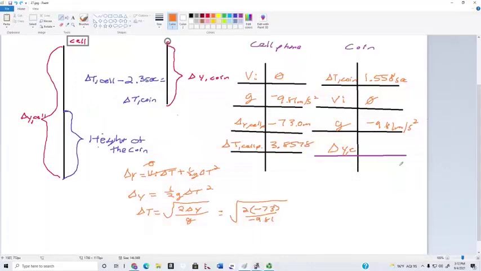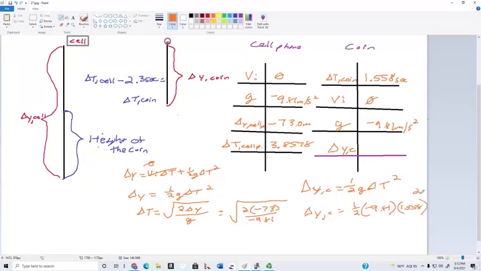Problem solved. We're trying to figure out delta y of the coin, and it's this equation right here: delta y equals vi t plus 1/2 g t squared. But again, I don't need that middle term because vi is 0. That's 1/2 g delta t squared. So delta y of the coin equals 1/2 times negative 9.81 times 1.558 squared.